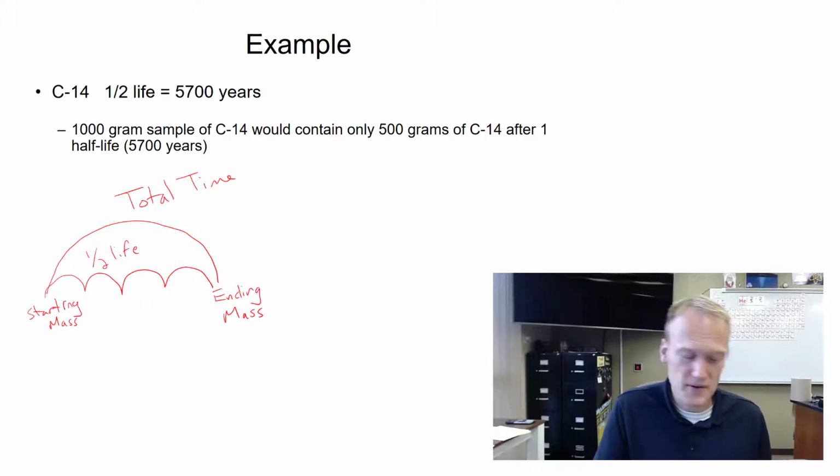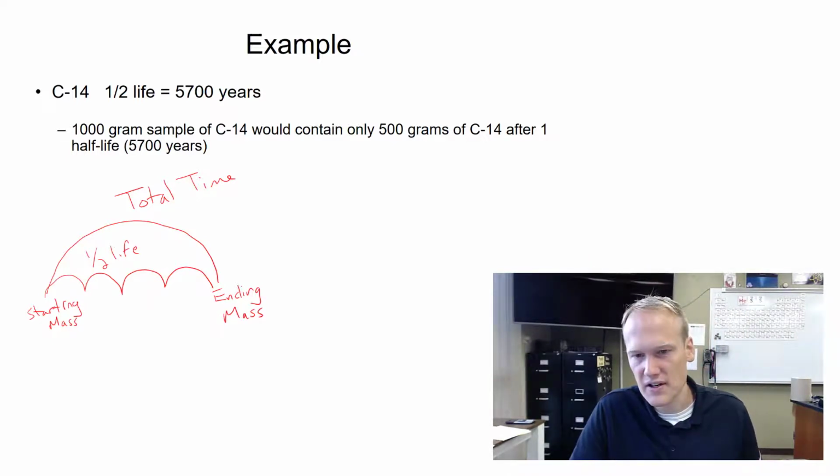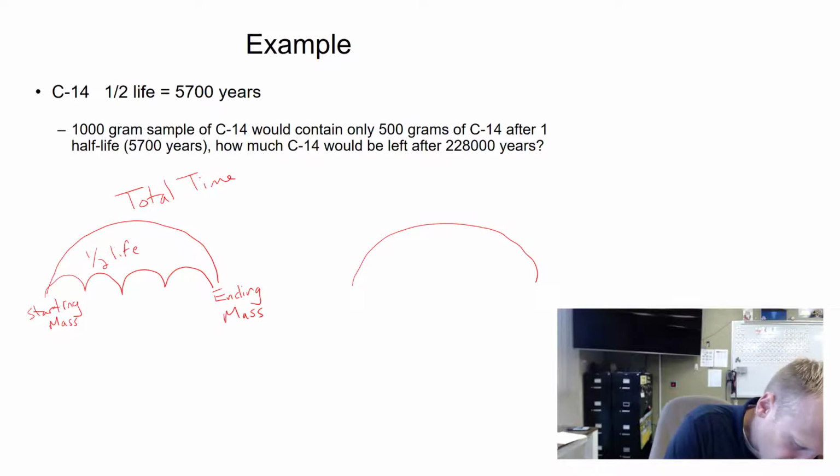So let me show you how this works. In our above problem, it says the half-life of C14 is 5,700 years. It says we have a 1,000 gram sample of C14 and would contain only 500 grams of C14 after 1 half-life. So in this scenario, the total time that they're asking about is 22,800 years.